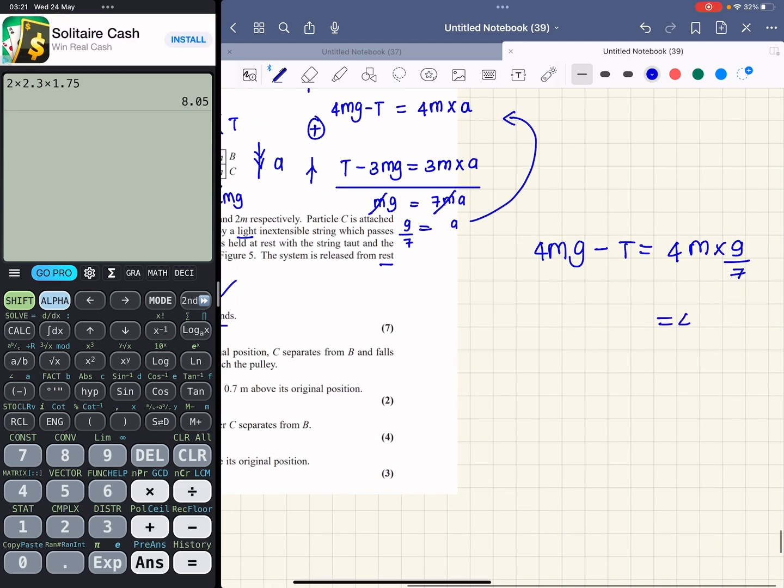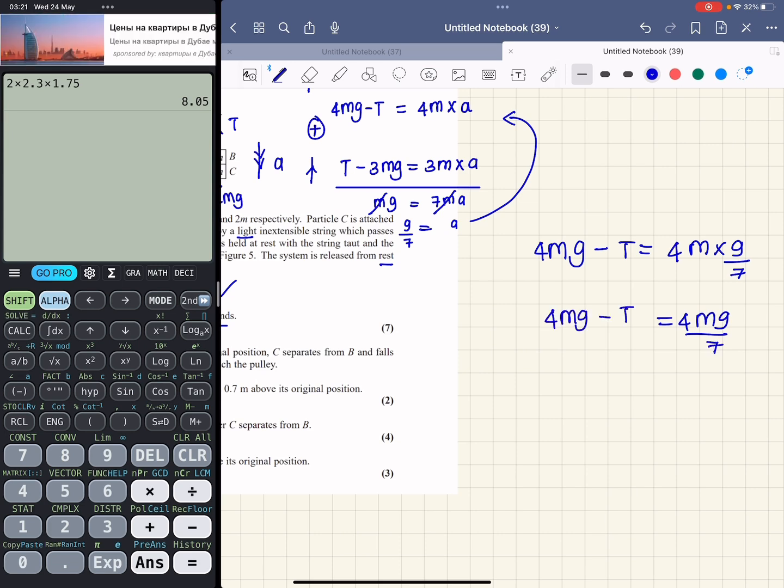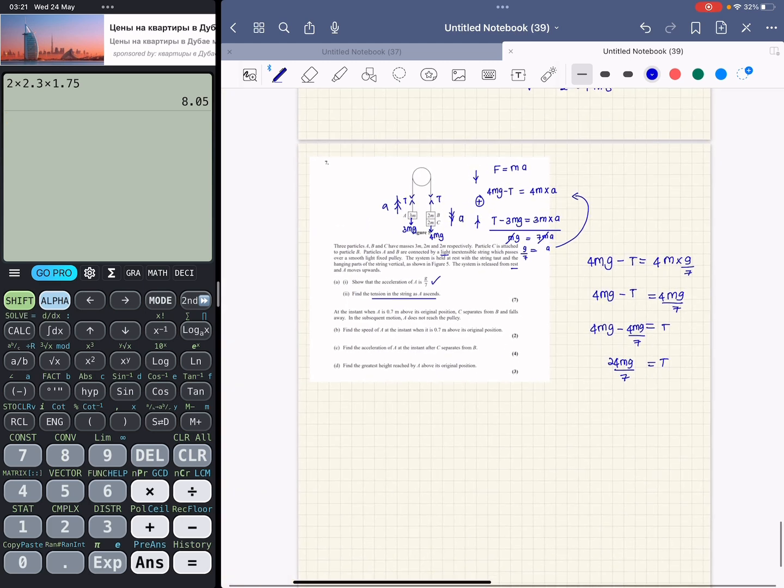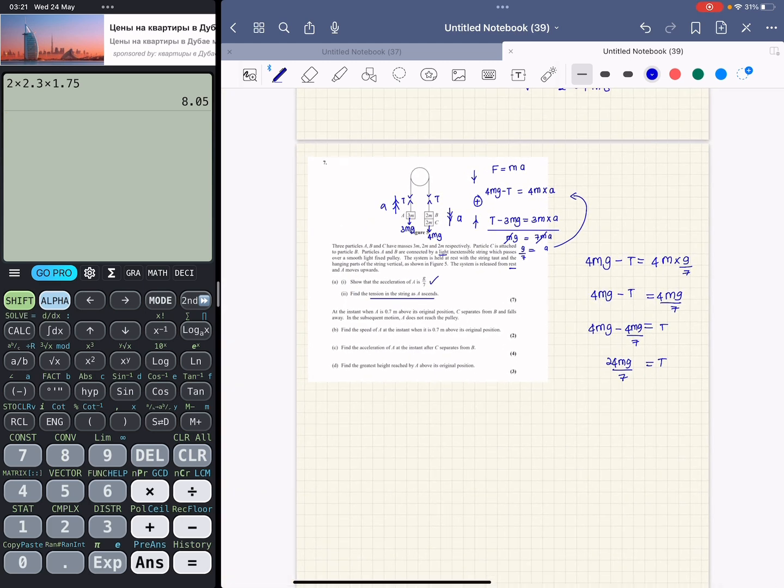So that's 4mg over 7 is equal to 4mg minus T. So T is equal to 4mg minus 4mg over 7, which is 24mg over 7. That's the tension.